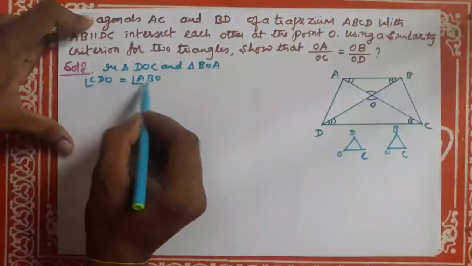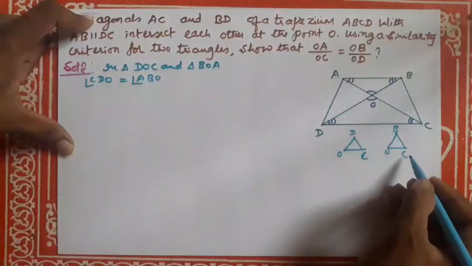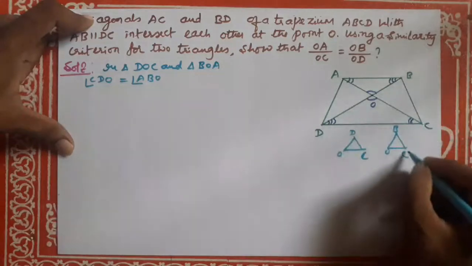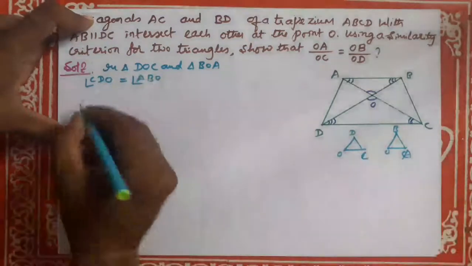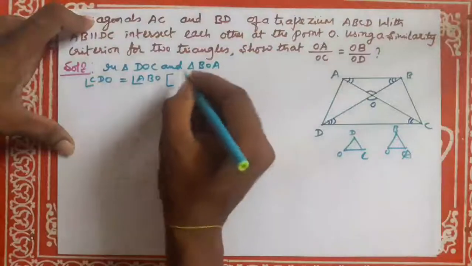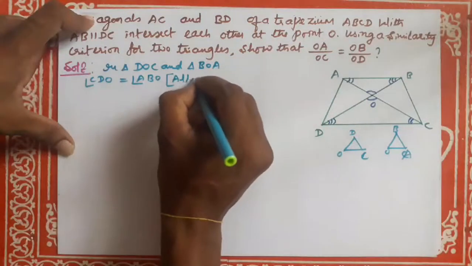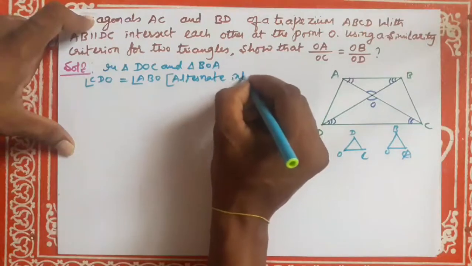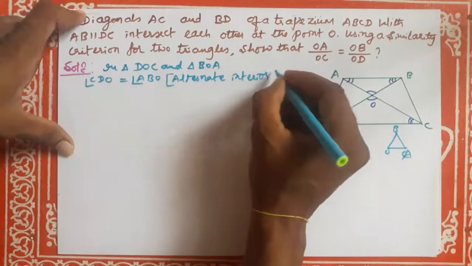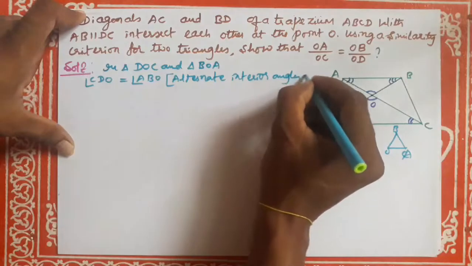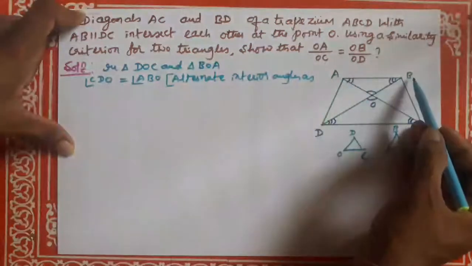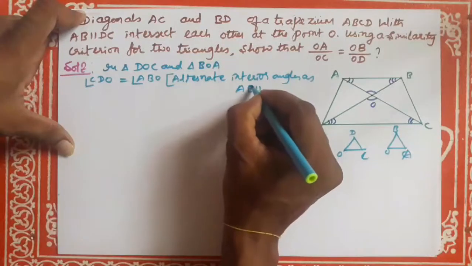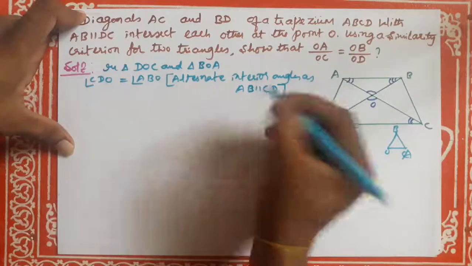Look here, angle CDO is equal to angle ABO, because they are alternate interior angles, as AB is parallel to CD.